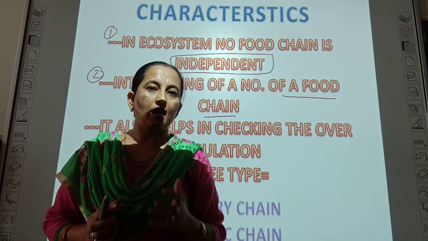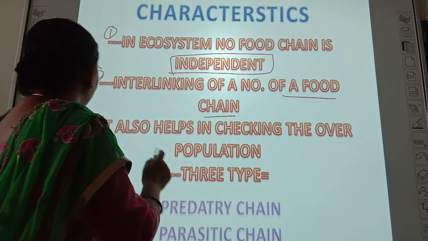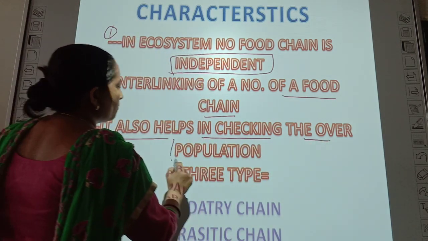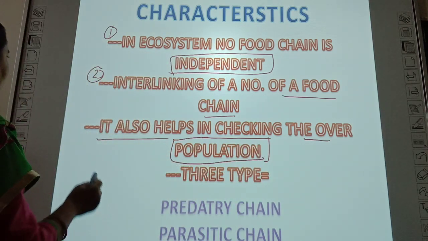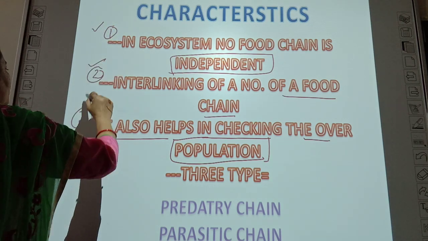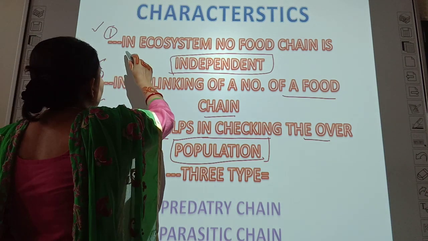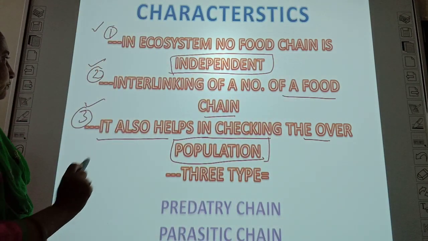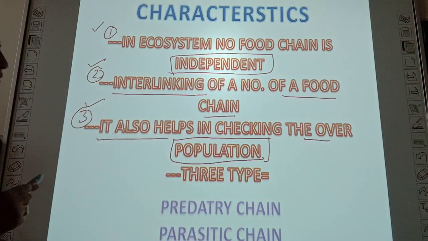Many food chains are interconnected with each other, and it also helps in checking the overpopulation of different types of species. So three main important characteristics of a food web are: no food chain is independent, interlinking of food chains, and control over the population.